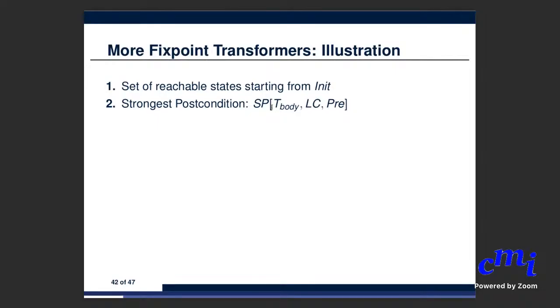So a while loop has a transition relation which maps the pre and the post states of the body, and there is a loop entry condition LC, and you want to compute a formula, for a given while loop represented symbolically, which is the strongest post condition of this particular predicate pre.